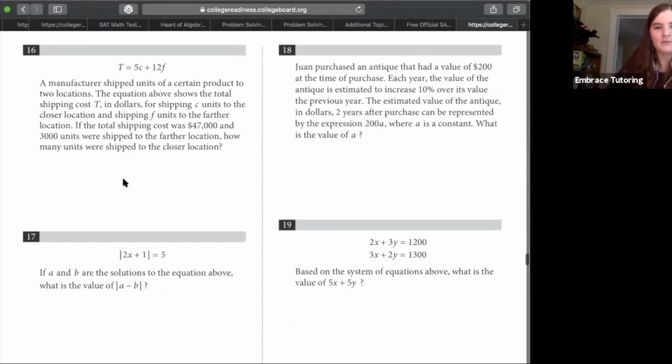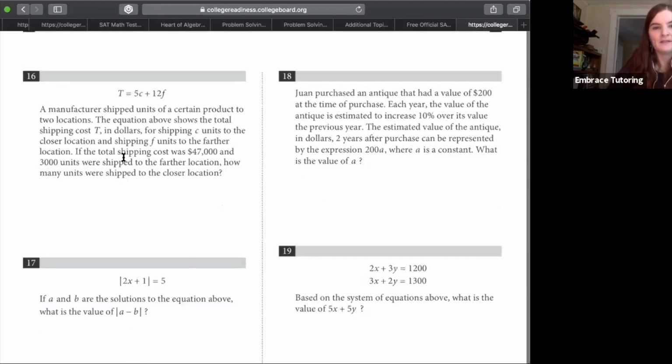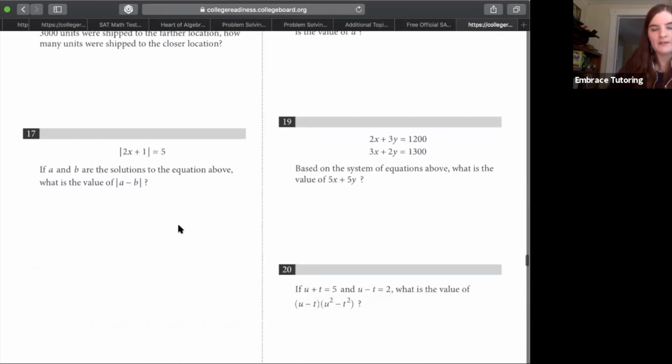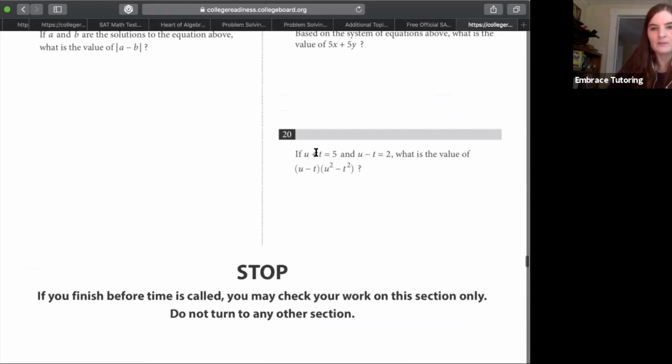And then here, having you solve for absolute value, but with variables, and dealing with equations with multiple variables, all of that type of thing. Okay, so there are different kinds of forms that we see with numbers, and combining different types of variable expressions, things like that.